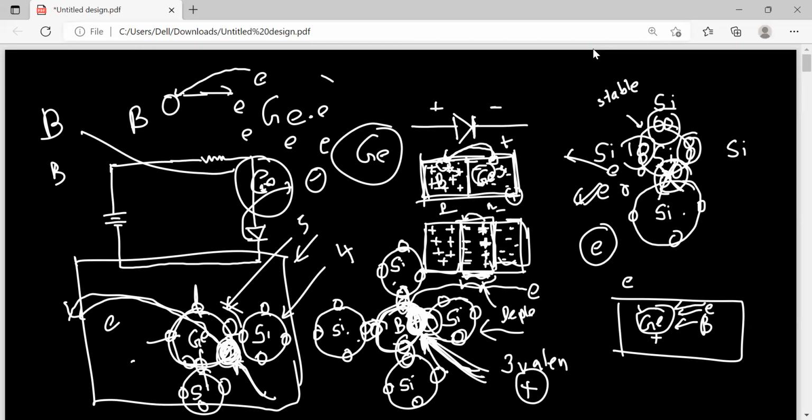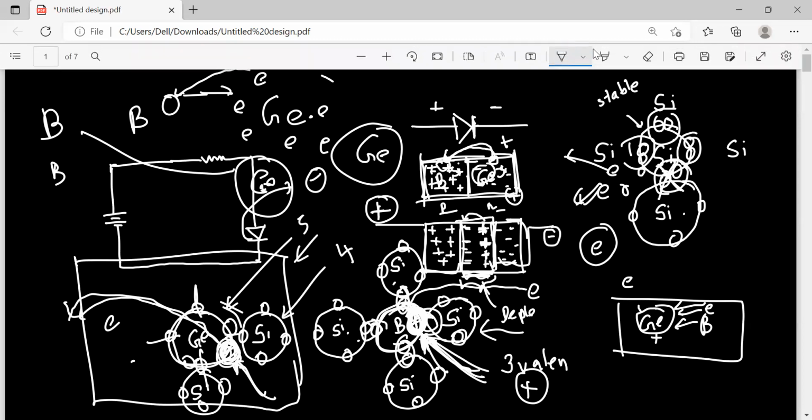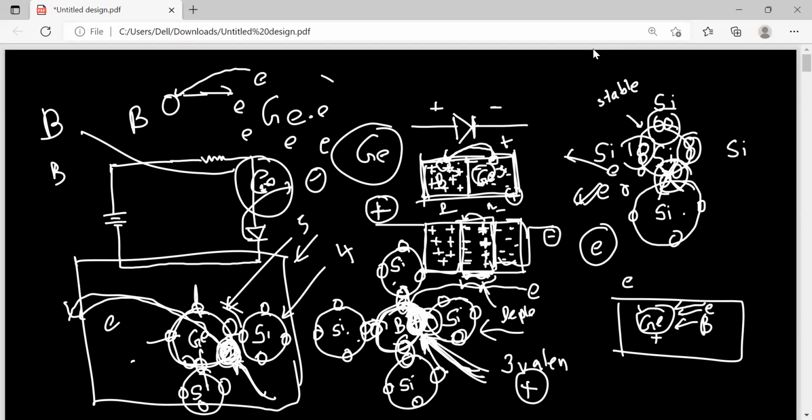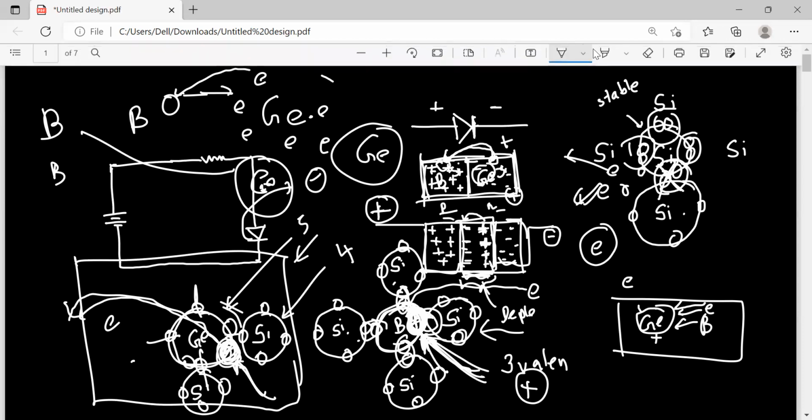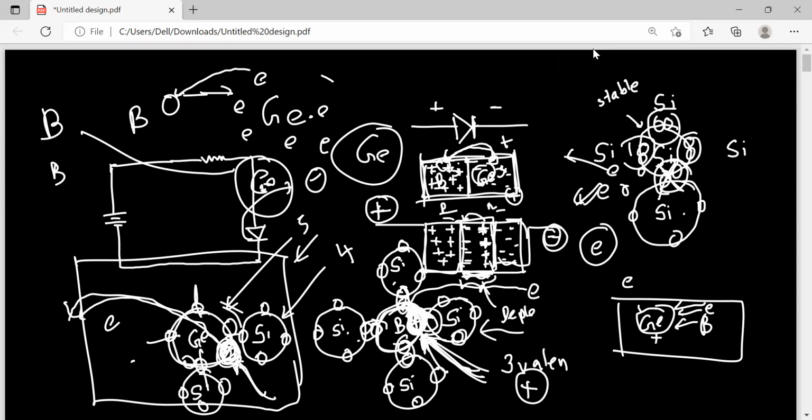So that's the basic introduction of the diode. To work with this diode, we need to provide positive voltage to the plus side and negative voltage to the minus side, or the n-type of this diode. So we need to give positive voltage to this p-type, and negative voltage to this minus side.